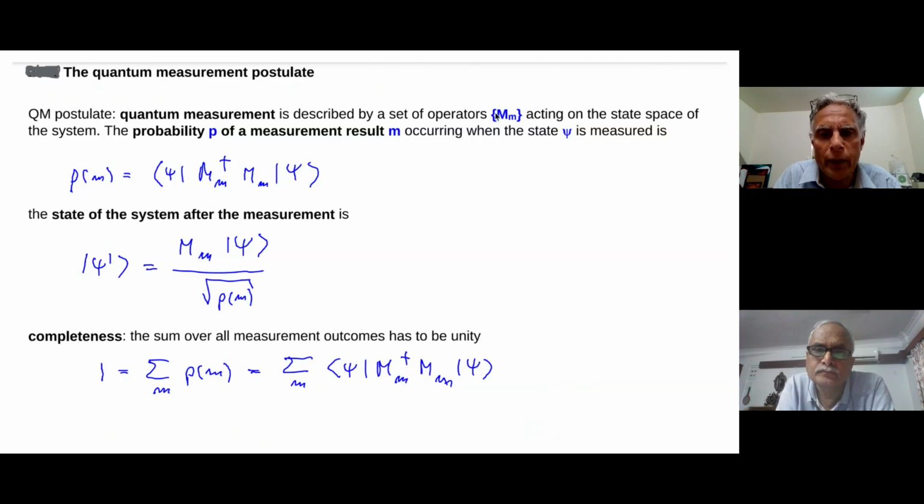There are specific matrices that act on the state space, and the probability of the measurement is what results in a particular measurement. To put it this way, if M happens, it's the probability of being M.